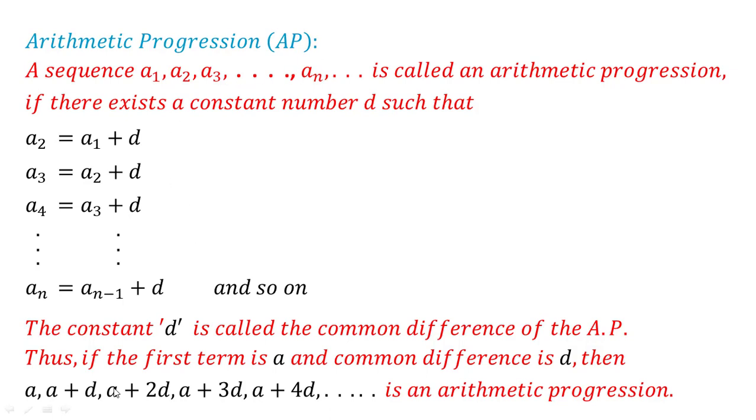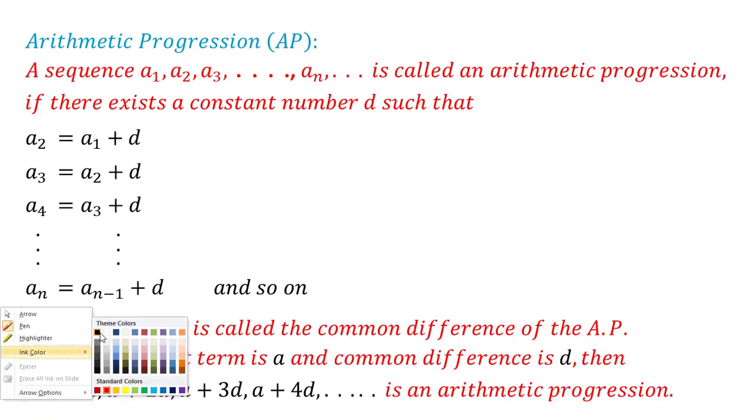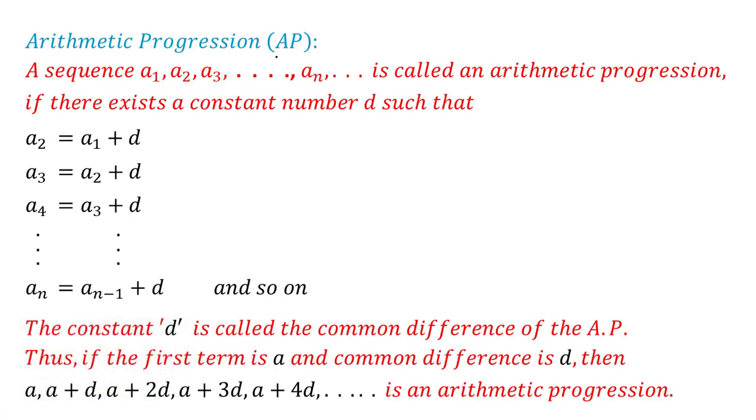Now arithmetic progression, the chapter which we are talking about. So what is this arithmetic progression? Here, a sequence A1, A2, A3 is called an arithmetic progression if there exists a constant number d such that A2 is A1 plus d, A3 is A2 plus d, and A4 is A3 plus d, and so on.